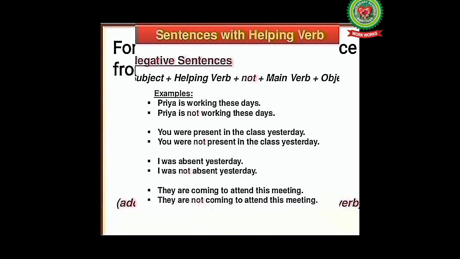There are some steps which we have to follow while changing affirmative sentences into negative. Step 1 is, we have to identify helping verb. Step 2 is, add not to it. And step 3 is, if there is no helping verb, we first need to find helping verb and then add not to it, especially in simple present and simple past tenses.